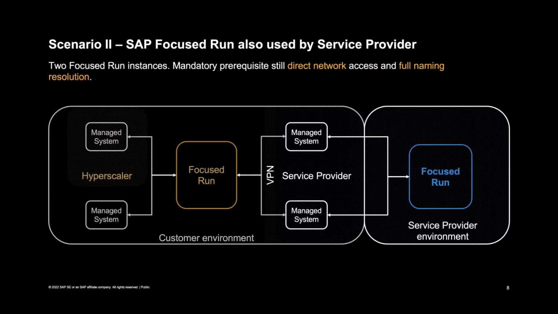A bit more complex it becomes if the service provider also operates a Focused Run system for his own purposes. The usual scenario here is the service provider connects managed components operated by himself to his own Focused Run system to provide service provider functionalities, like, for example, license management, like EWA generation, like system monitoring for the systems in your landscape, which are usually then in the responsibility of the service provider.